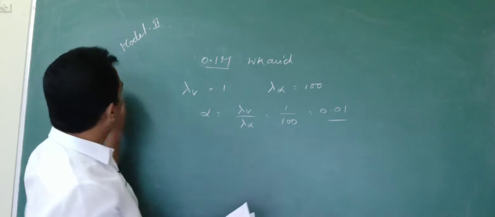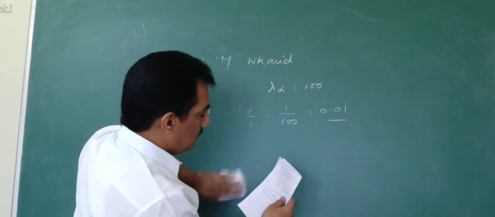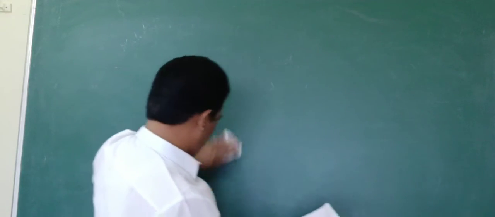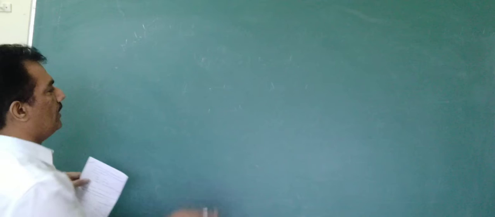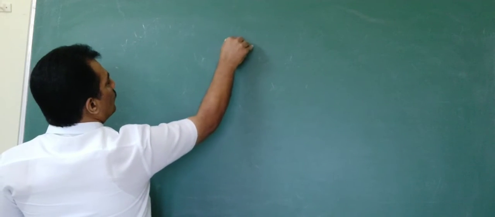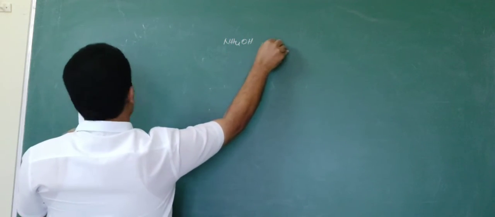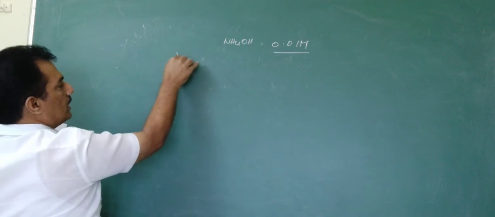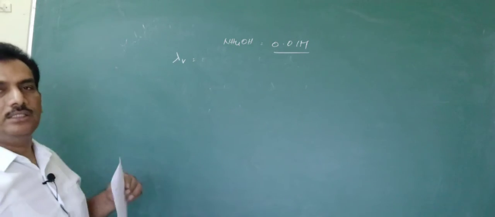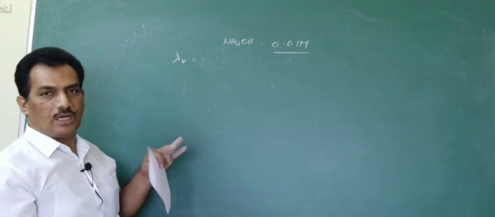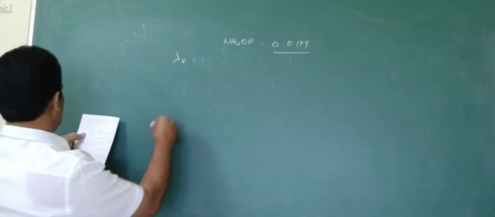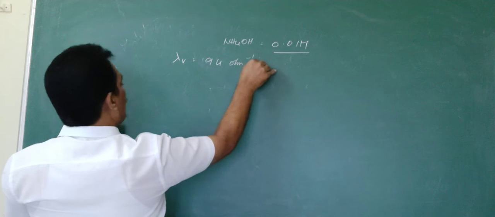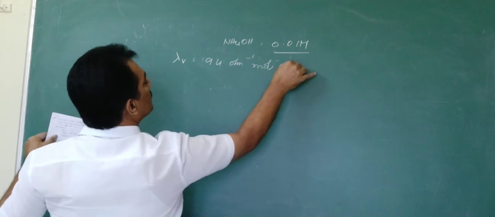Now coming to the model 3 question. Here the NH4OH concentration is given as 0.01 molar, and at this concentration the conductance at the given dilution, lambda V, is given as 9.4 ohm inverse mole inverse centimeter square.